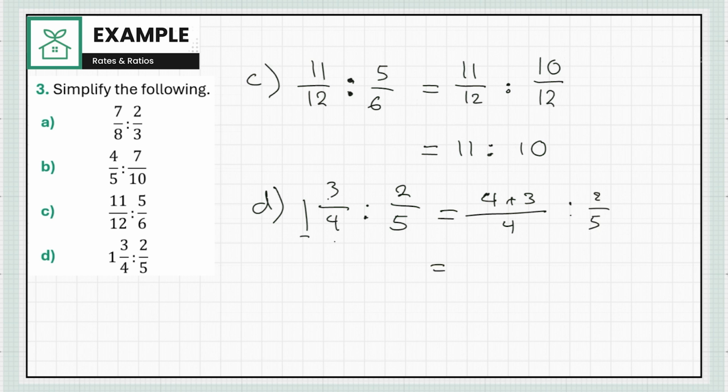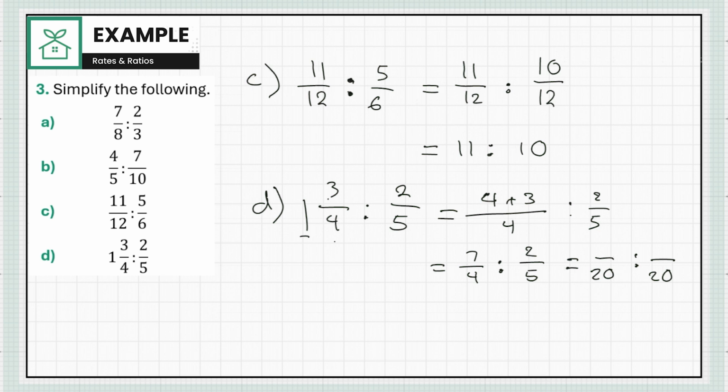So this results in 7 over 4 to 2 over 5. Now what's a common denominator between them? Well, we just multiply the two denominators. Something out of 20 compared to something out of 20.